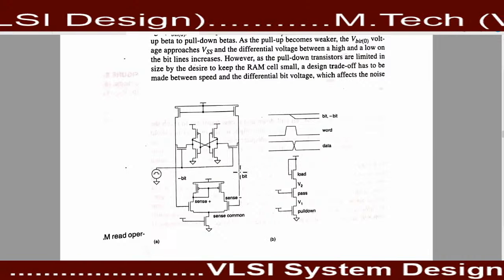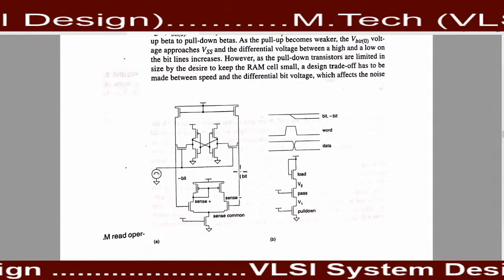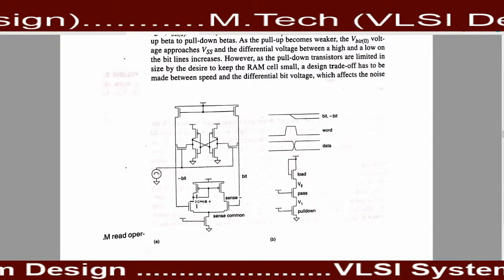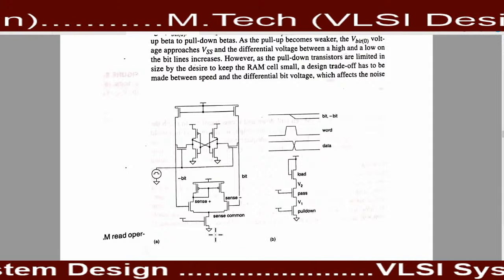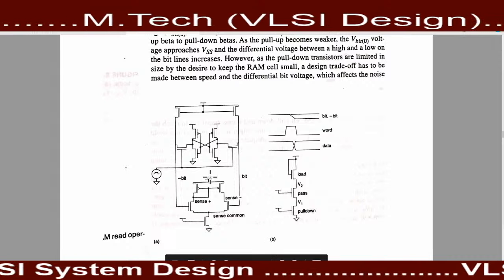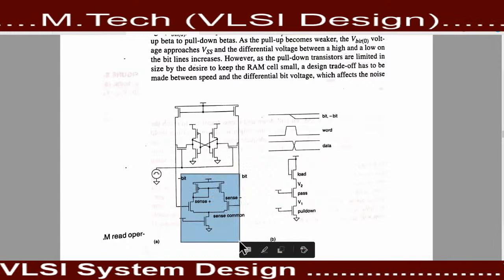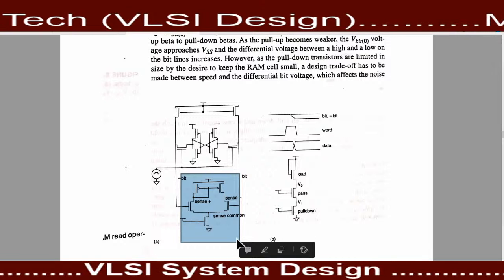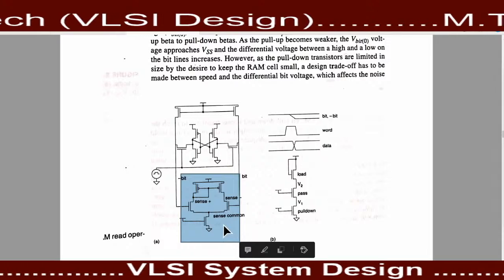When there is a difference between bit and bit bar, this sense amplifier compares this difference, and after amplification it provides the output. So this sense amplifier is a circuit that is used for taking the output from this memory cell.